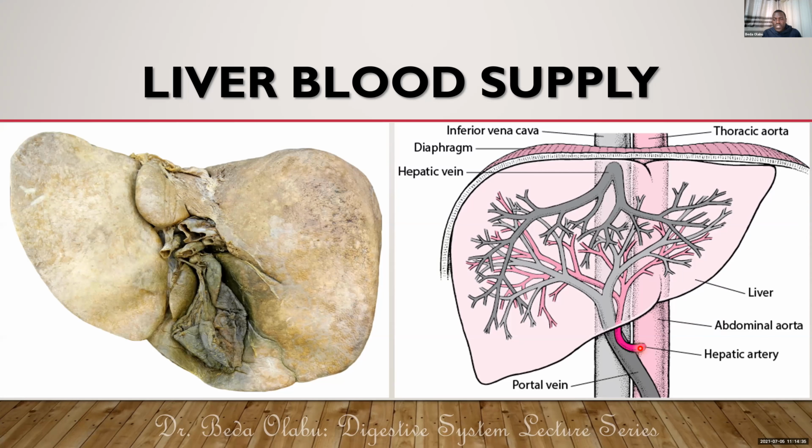The source of oxygen to the liver is the hepatic artery. Hepatic artery is a branch of the celiac trunk, which is a branch of the aorta. So this hepatic artery delivers oxygen to the liver, responsible for about 20 to 25% of blood flow to the liver.